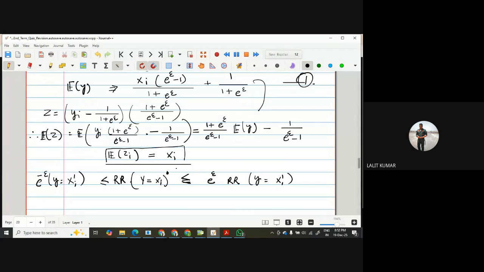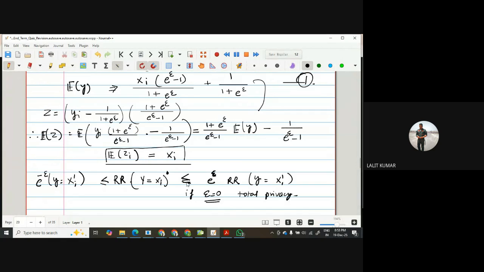So this epsilon factor, if it becomes 0, then they both are the same. If epsilon is equal to 0, then there is total privacy, because nobody can distinguish.